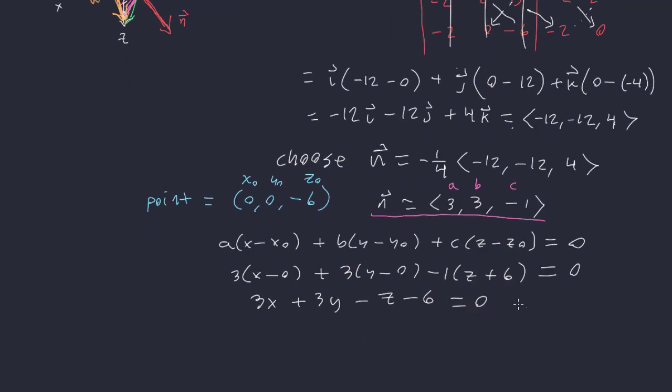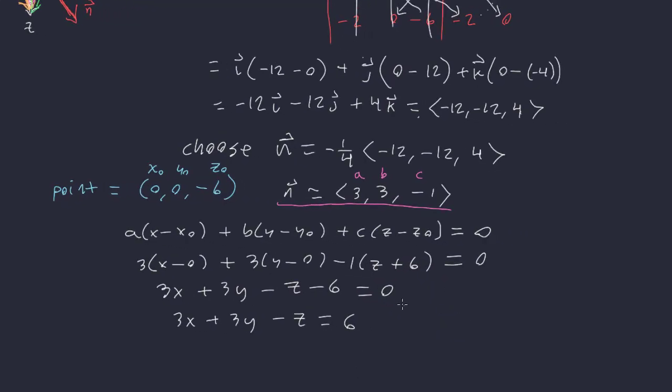All right, now this is the equation of our plane. You may see it written like this instead. Okay, or now this, if I just move the z over, you would get z is equal to 3x plus 3y minus 6.